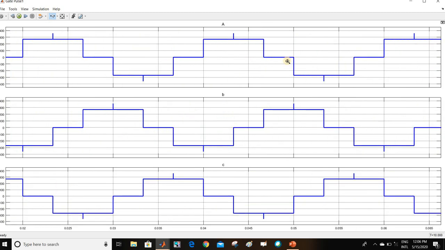Consider this one. This will be our waveform for the phase voltages.